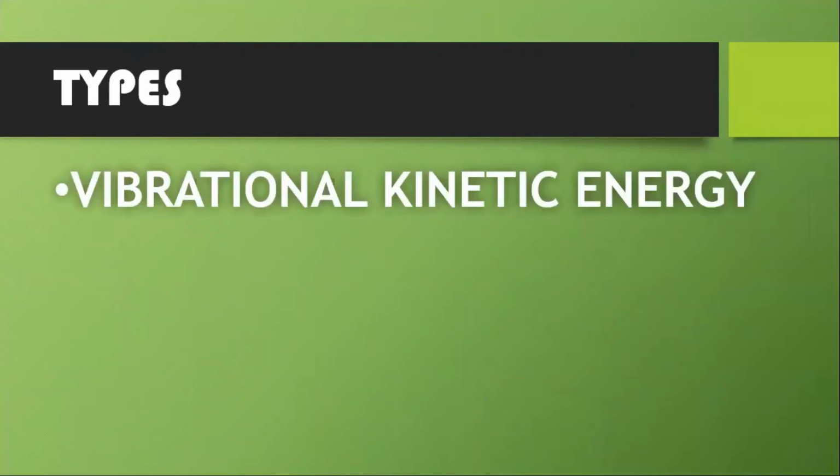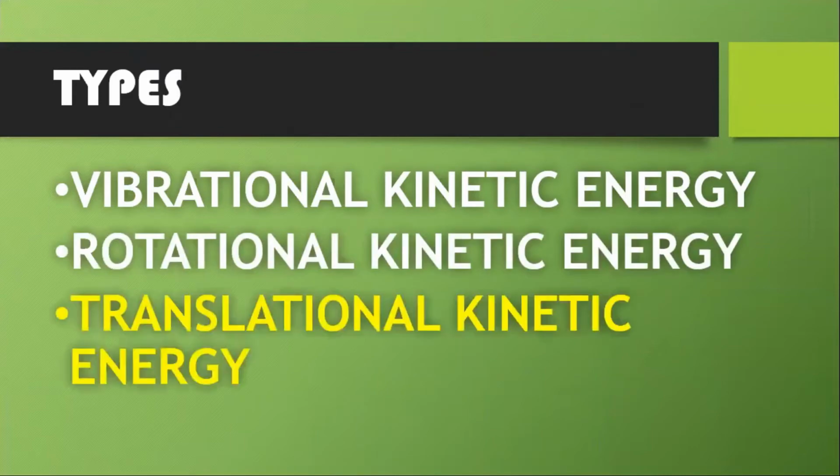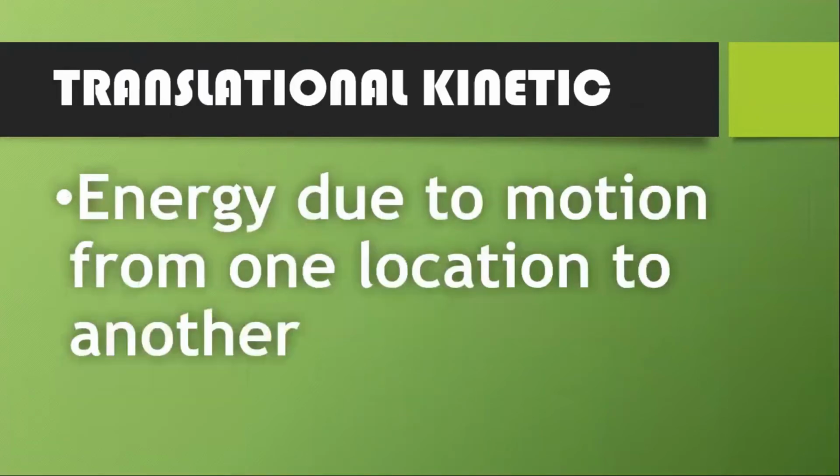It may be vibrational kinetic energy, rotational kinetic energy, and translational kinetic energy. Of those three, we're going to focus on the translational kinetic energy. Translational kinetic energy is the energy due to the motion of an object from one location to another. So the object moves from the starting point to the end point.